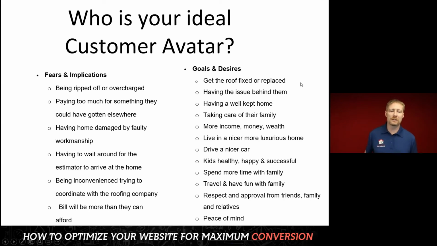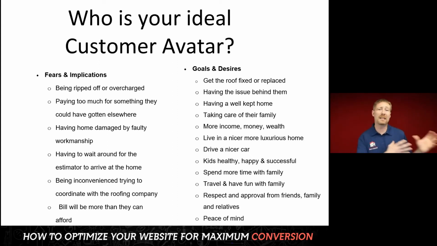And so their goals and desires are to get the roof fixed or replaced and have the issue behind them, having a well-kept home. And having that well-kept home is because they're trying to take care of their family. And they want to take care of their family in other ways. They want to have more income, live in a nicer, more luxurious home one day, maybe drive a nicer car, keep the kids healthy, happy, and safe, spend more time with their family, travel, have some fun, respect.